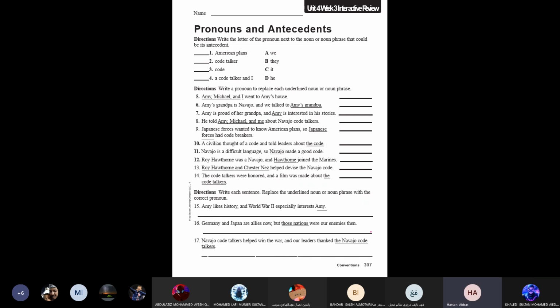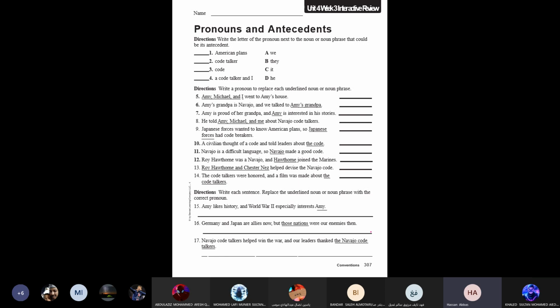Khalid Sultan. Number 17. Never you could takers help when the water and our leaders take the Navajo code talkers. We will change the code talkers to them.